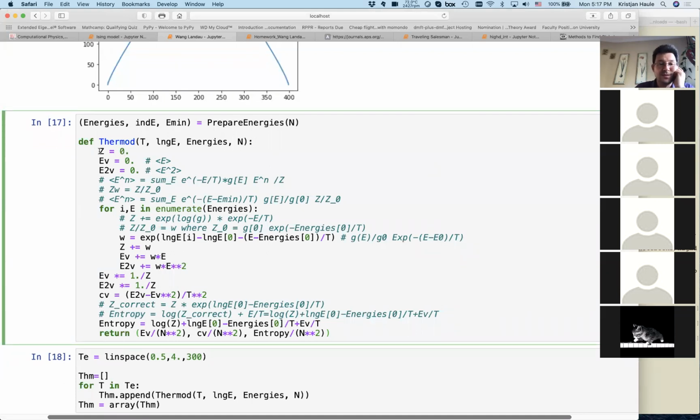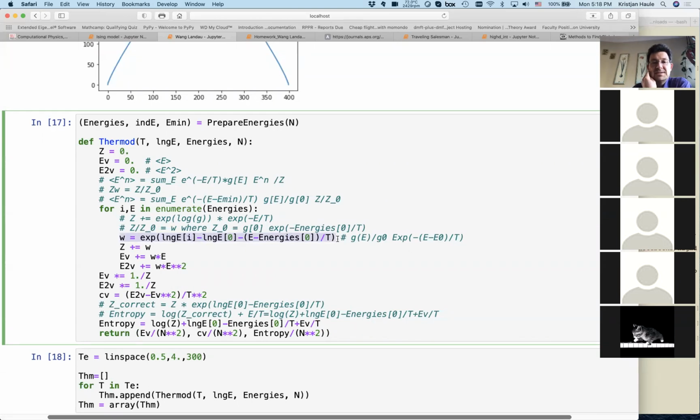So first we're going to loop over all energies here. We enumerated all energies before, and we calculated the logarithm of the density of states for each energy. And then we are going to calculate Z for each configuration.